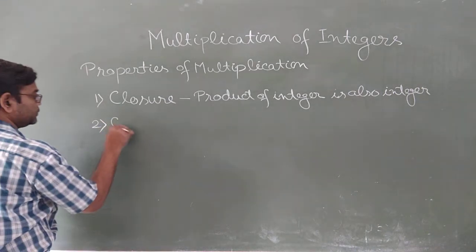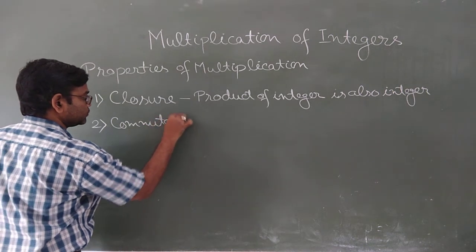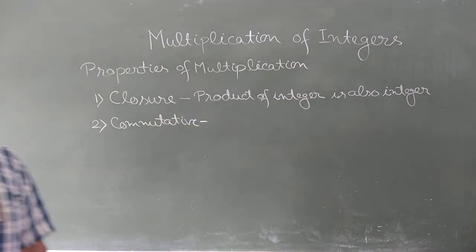Now the second property is the commutative property. What is the meaning of the commutative property?